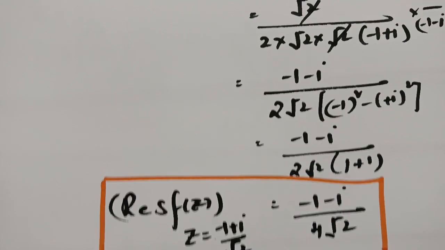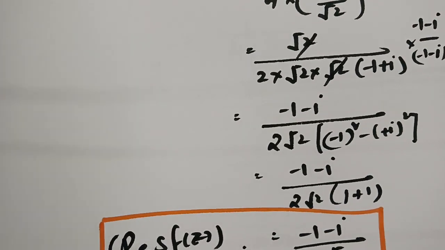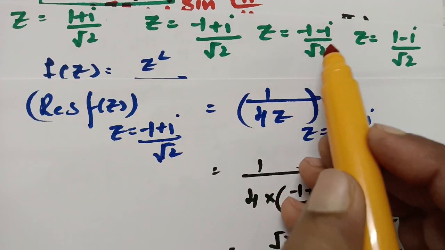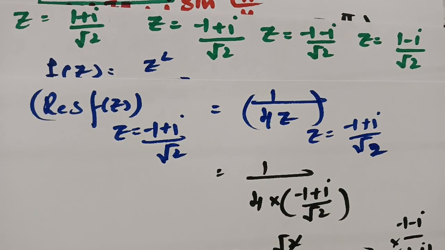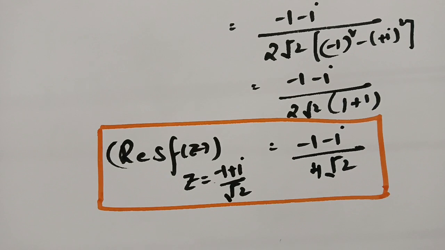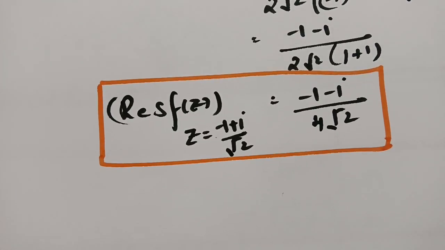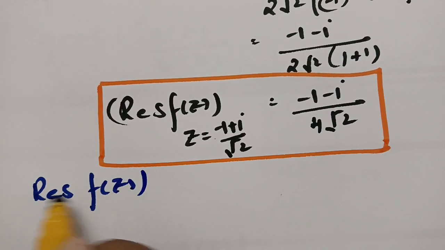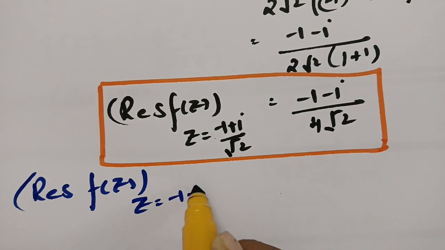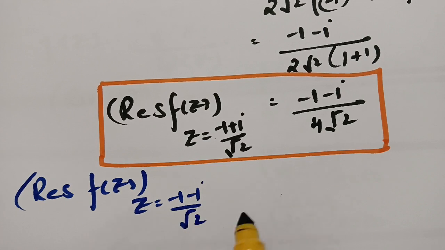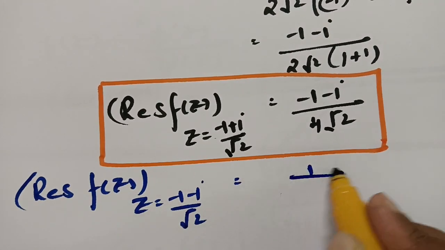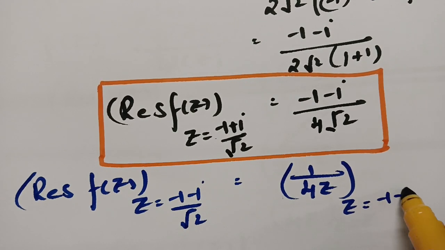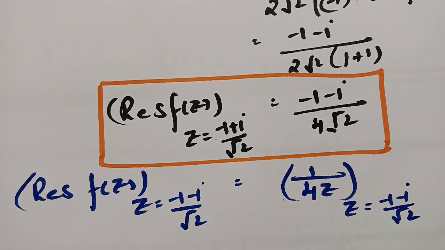And the next pole value here, the third one, is (-1 - i)/√2. See here, (-1 - i)/√2. So again, the residue of f(z) at the point z = (-1 - i)/√2 here is nothing but 1/(4z) at the point z = (-1 - i)/√2.